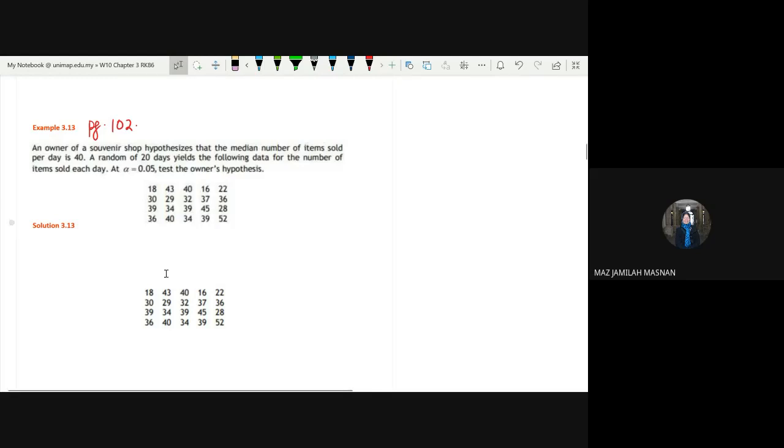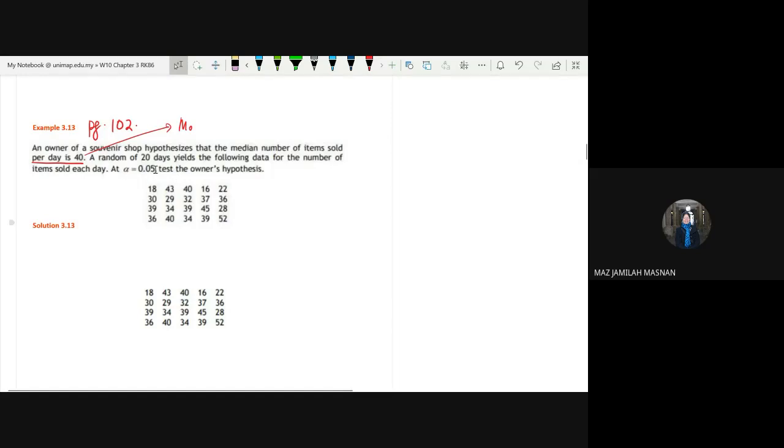So for example, example 3.13: an owner of a souvenir shop hypothesizes that the median number of items sold per day is 40. So you can identify from the given sentence that this is your hypothesized median value.